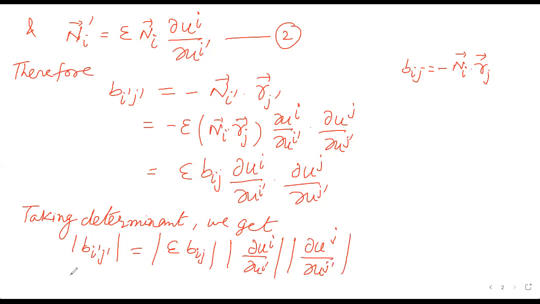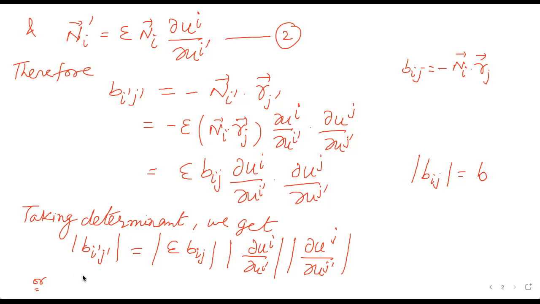And this determinant is what? इसको हम क्या किससे represent करते हैं? Determinant of b_ij, it is B. क्यों भाई?